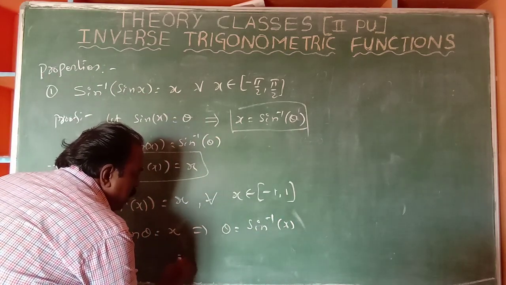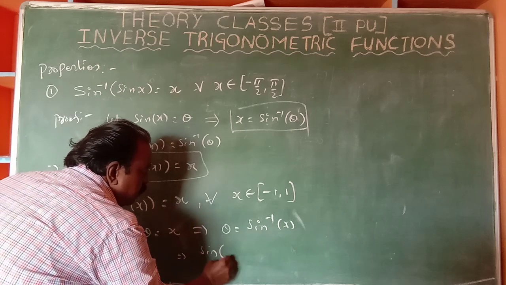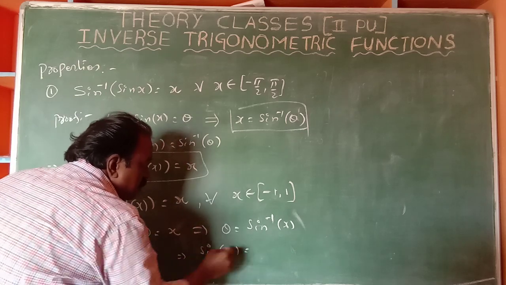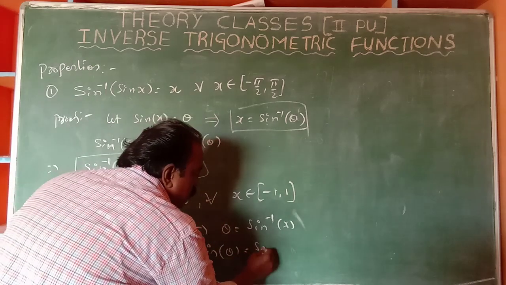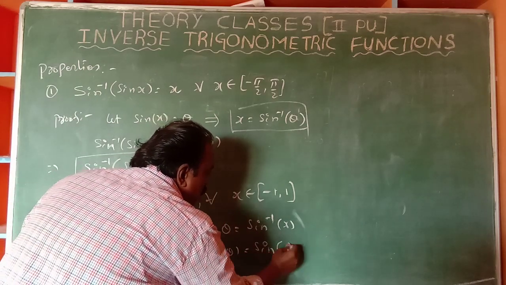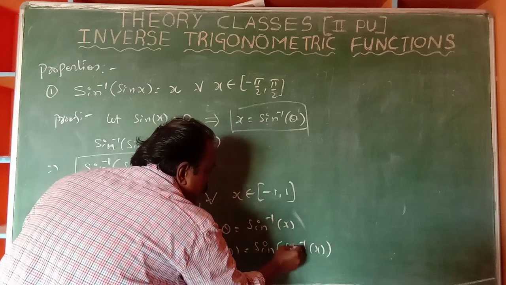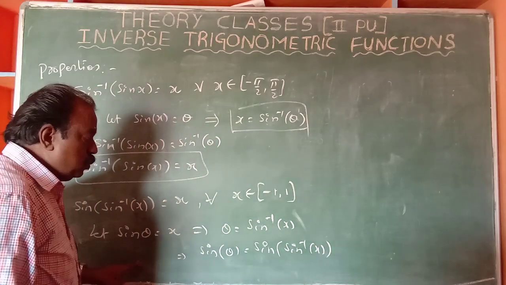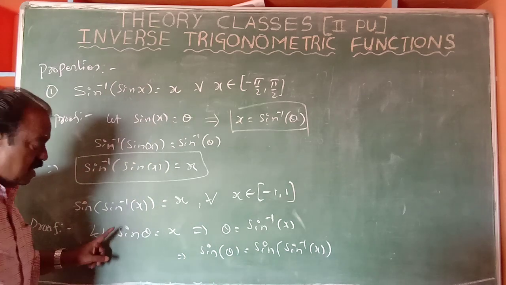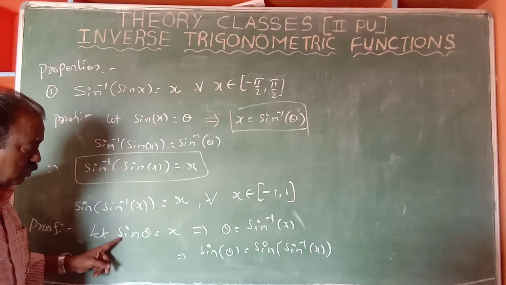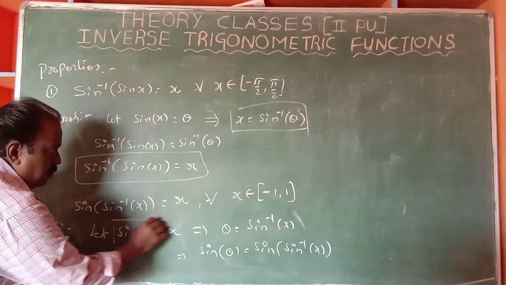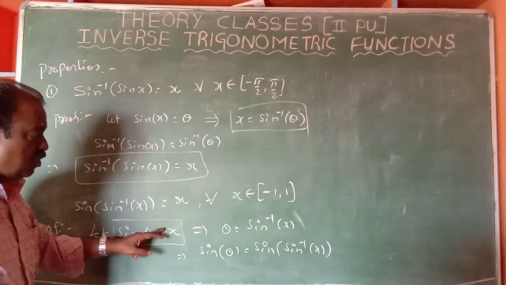I am applying sin again on both sides. Sin theta is equal to sin of sin inverse x. Will you agree? What is sin theta? It is our assumption: sin theta is equal to x.